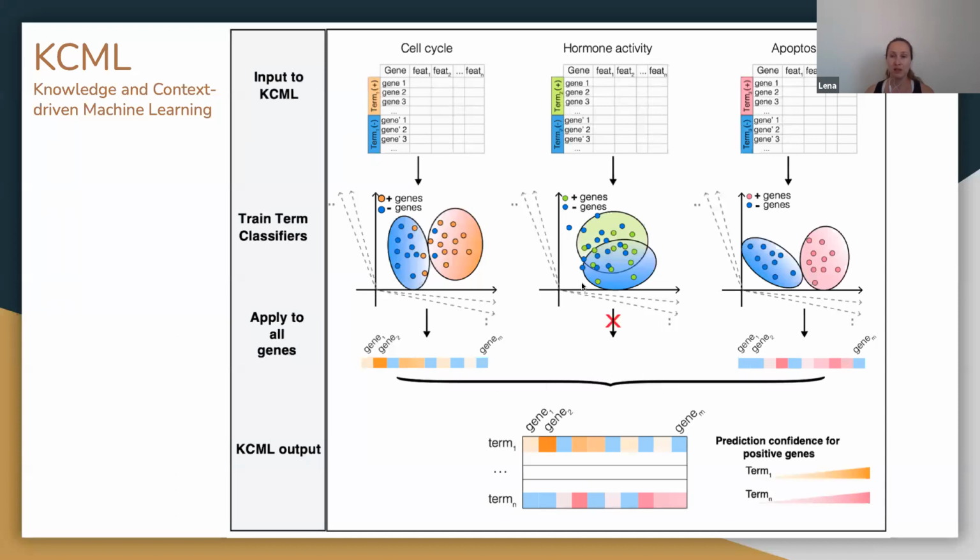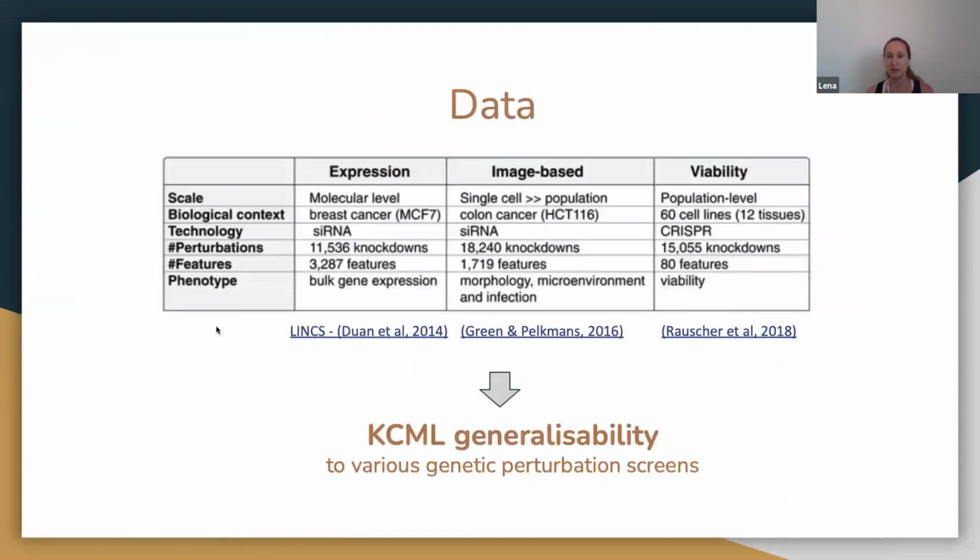Eventually, we aggregate the results of all the classifiers, and we receive the output, which is the multiple predictions on different terms or different gene functions of the set of genes. I hope you understood.